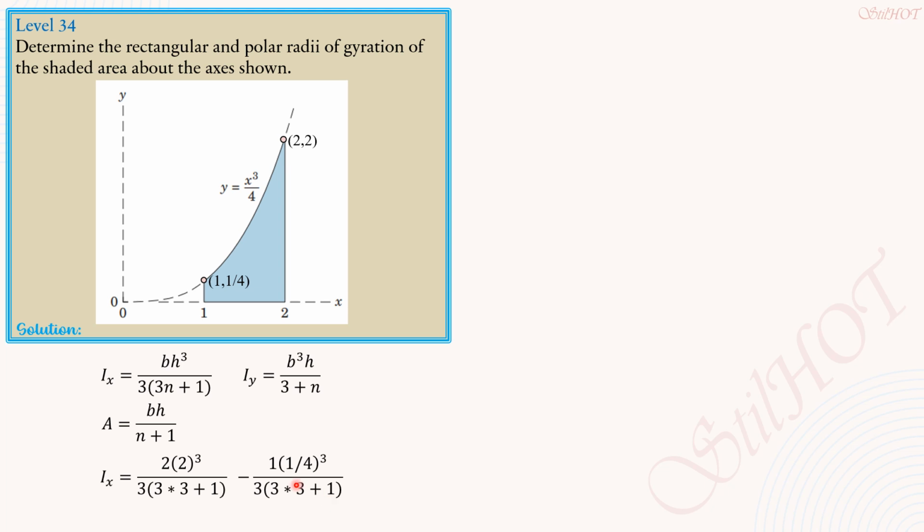So you just simplify using the calculator. So Ix is 341 over 640. Then the area is 2 times 2 over 3 minus 1 times 1/4 over 3 plus 1. The area is 15 over 16.